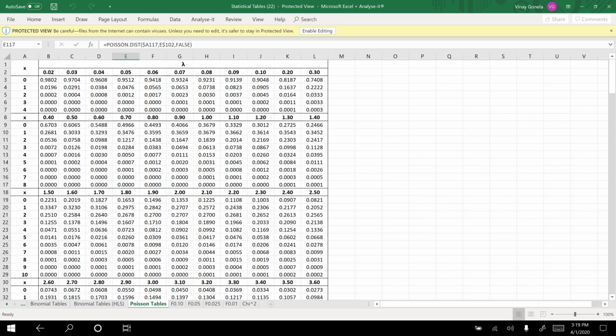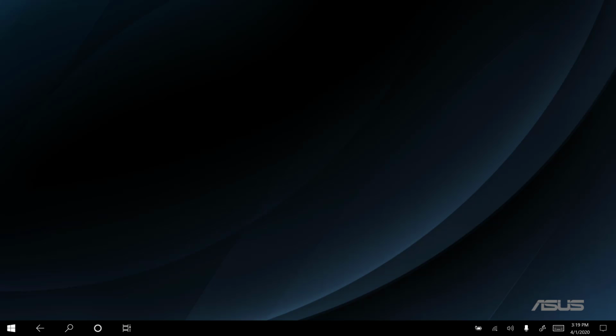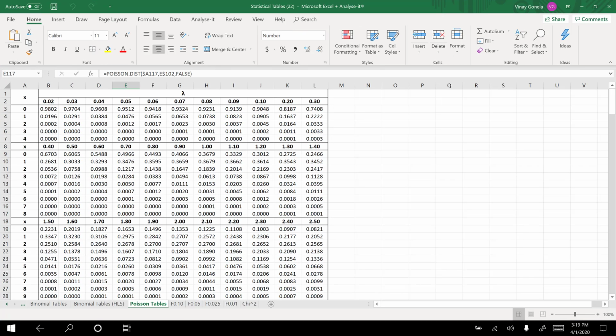Then enable editing. Currently I am in a Poisson table. I need to go to the T table.